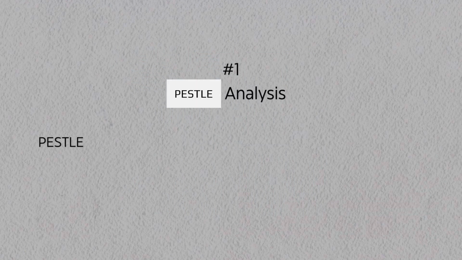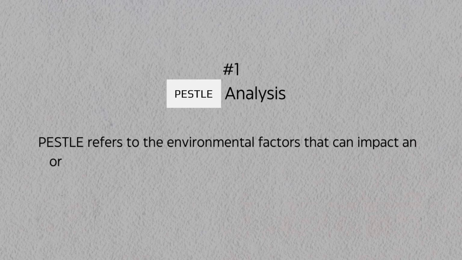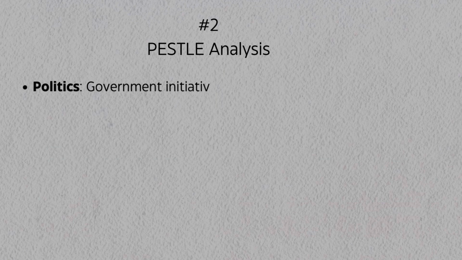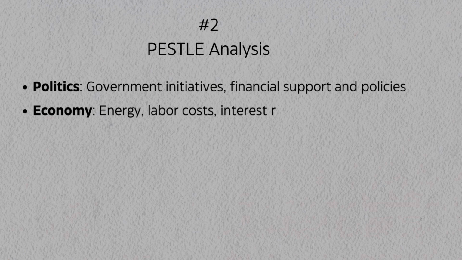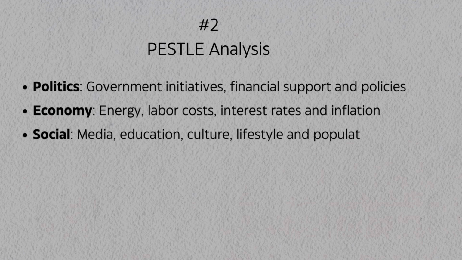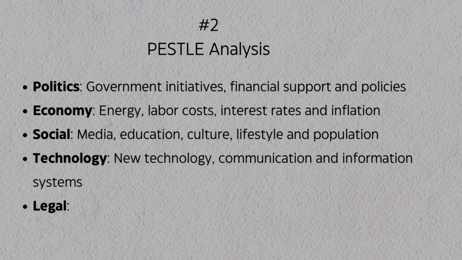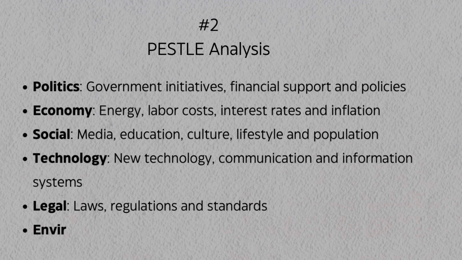Number two is PESTLE analysis. While the MOST analysis that you saw previously was more internal to the organization, this refers to the environmental and external factors that can impact an organization's strategic planning and performance. P stands for politics, such as government initiatives, financial support, policies. E stands for economy, such as energy, labor cost, inflation rates.